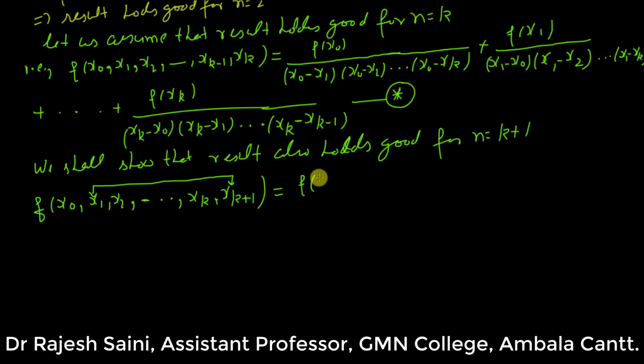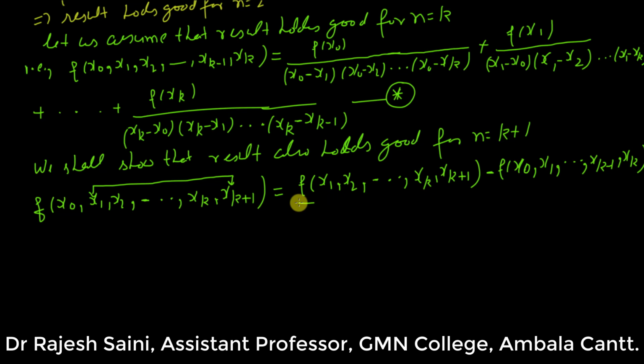So it will be f of x1, x2, up to xk plus 1, minus, now take the first k plus 1 quantities, f of x0, x1, up to, you can write one preceding, xk minus 1, xk, and divided by the extremities points, xk plus 1 minus x0.